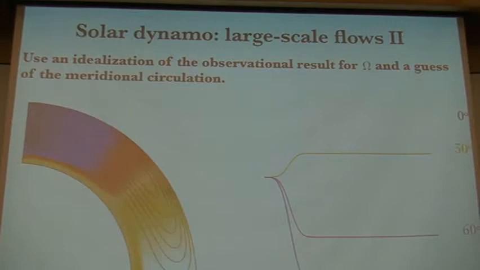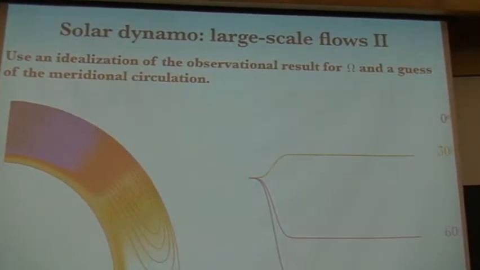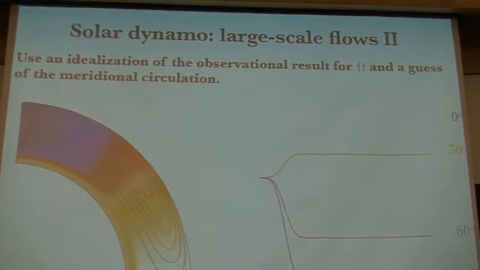And on the right, you should be seeing something, but you don't see anything. So this is the rotation rate at the pole, 60 degrees latitude, 30 degrees latitude, and at the equator it should go somewhere here. You don't see absolutely anything here, which is a pity.